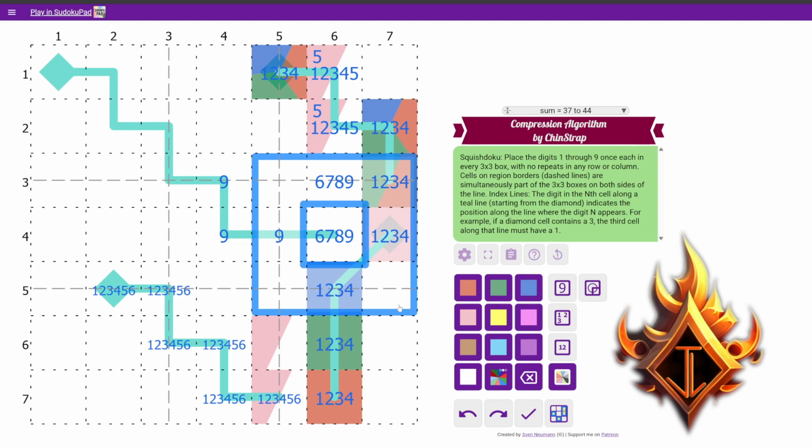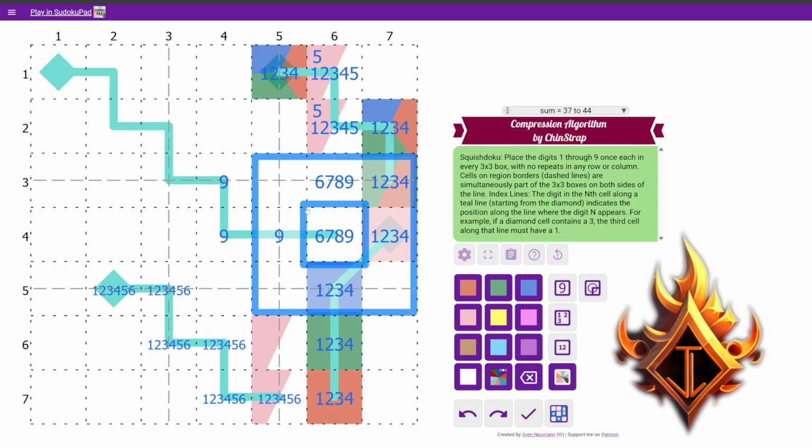Wait, green and red. Green, red, blue cannot go there. Neither can pink. That's 4 of them. There's only 3 in this box. But none of them can go there. So one must go here.